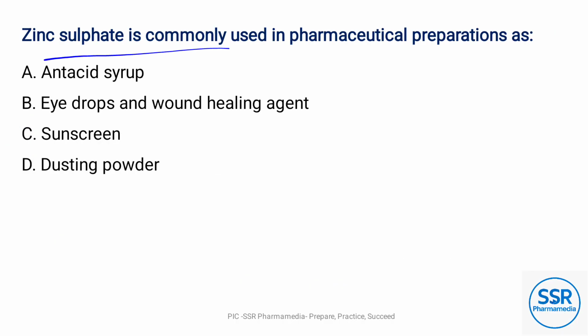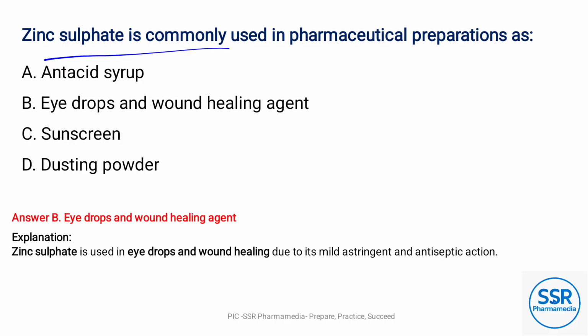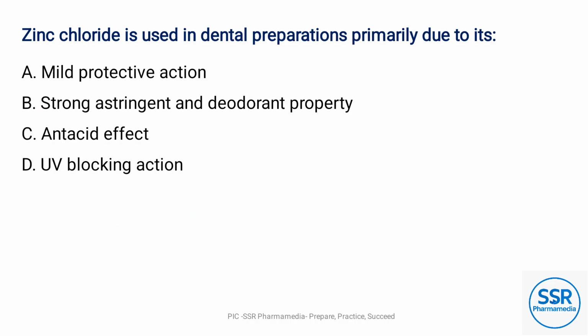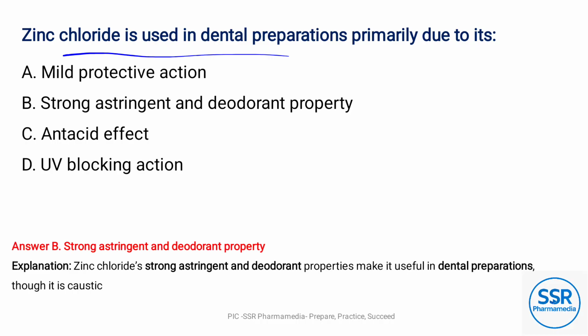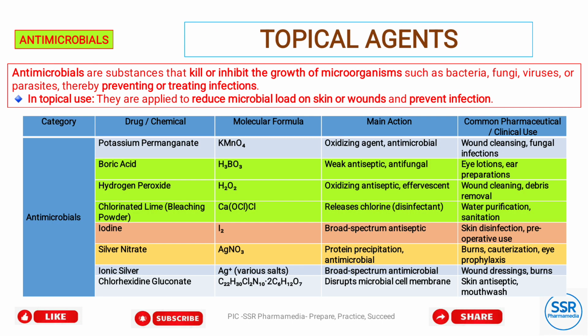Zinc sulfate is commonly used in pharmaceutical preparation as, option B, eye drops and wound healing agent. Zinc chloride is used in dental preparation primarily due to its, option B, strong astringent and deodorant property.